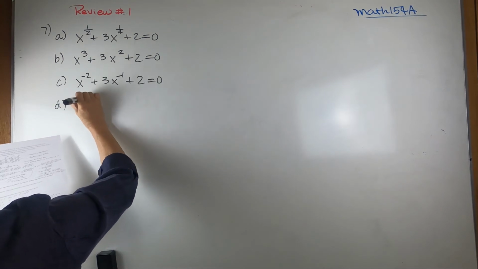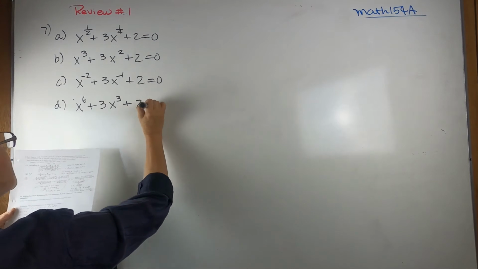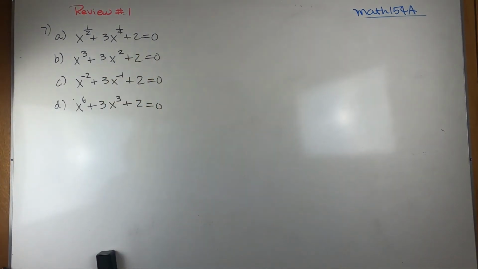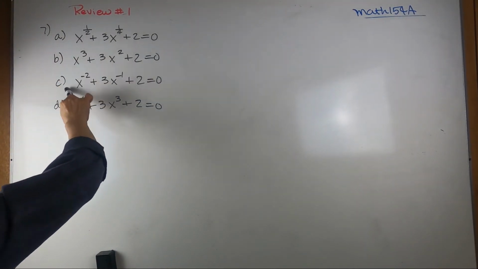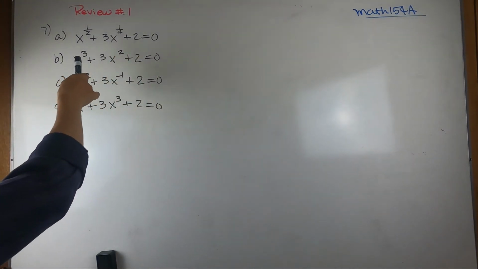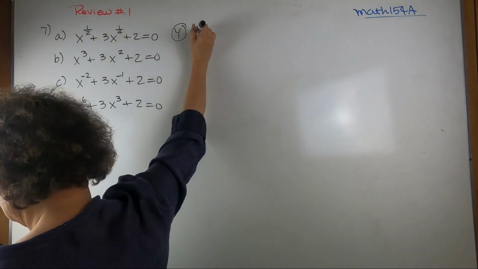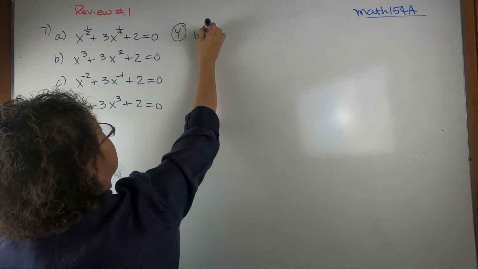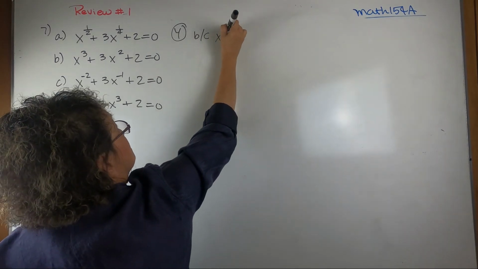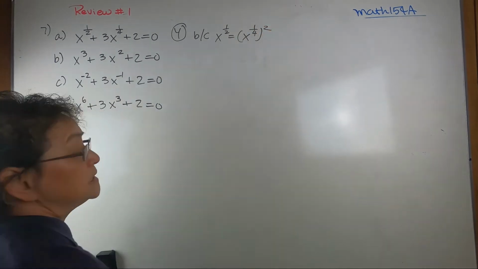Okay, so is the first one quadratic? How can we decide? All of the coefficients are the same, right? 3 and 2. So the first one is yes. Why? Because the first term is the second term squared, right?